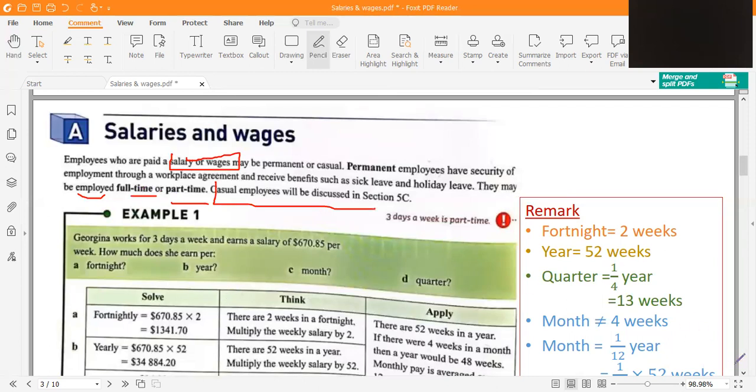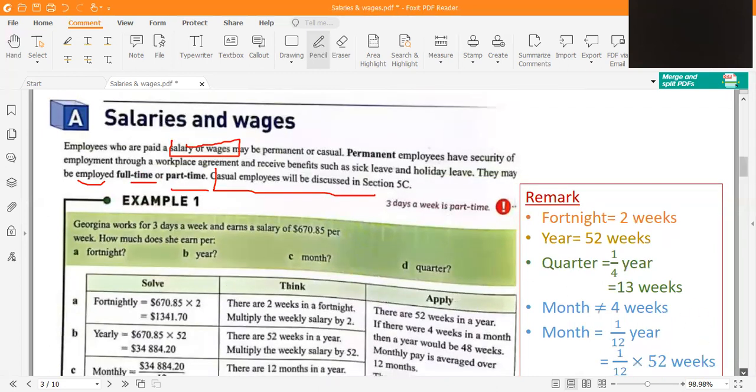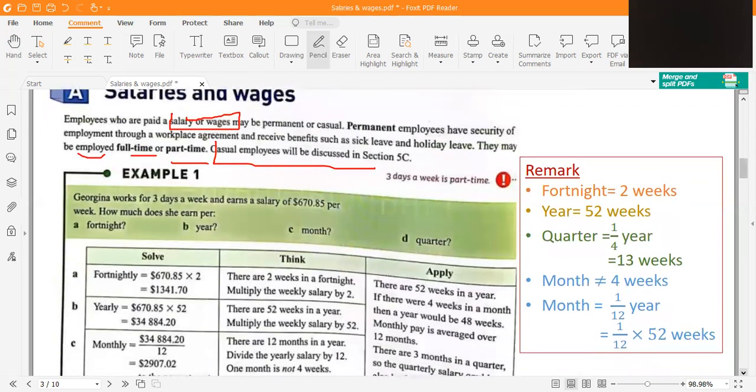First, we have an example of how to calculate fortnightly, yearly, and monthly salary from a weekly salary. Georgina works 3 days a week and earns a salary of $670.85 per week.